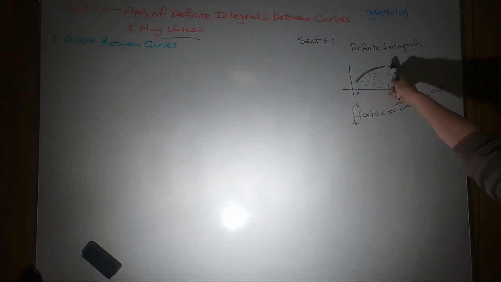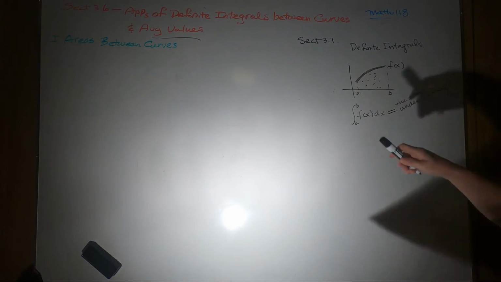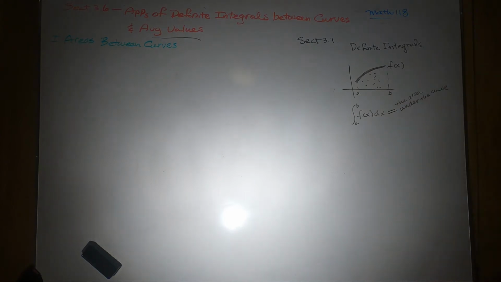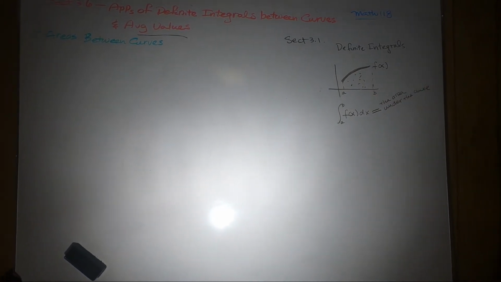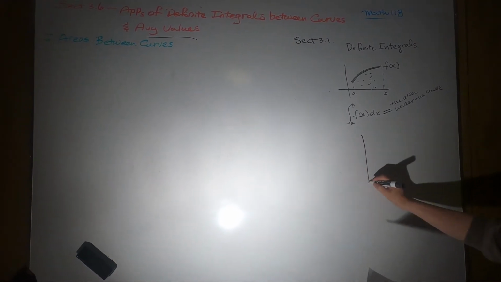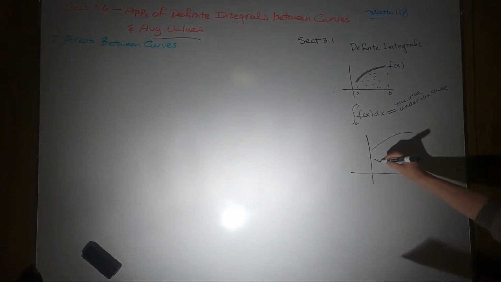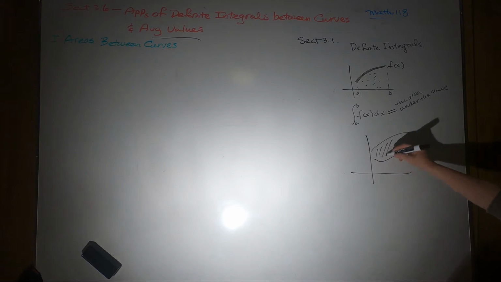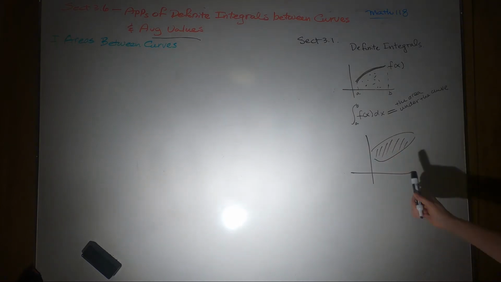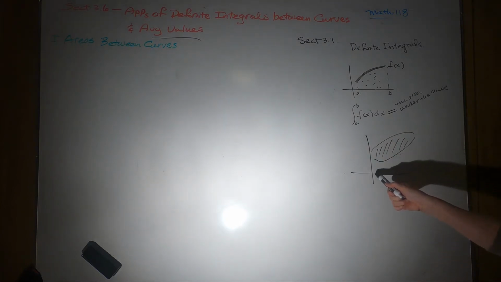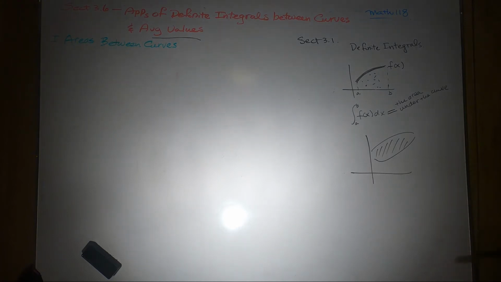Instead of just the area underneath the curve, we are going to learn the area between two curves. If I have two curves like this, I want to find the area in between, from time A to time B.